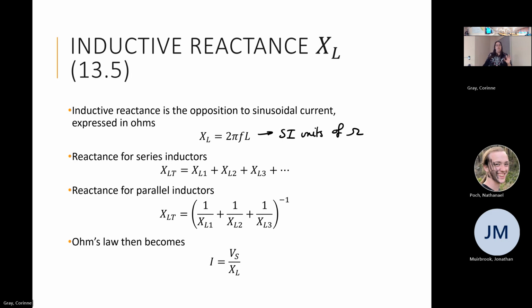So we start using reactance stuff Thursday, but before we do our example with reactances associated with inductors, are there any questions so far about inductors and AC sources?